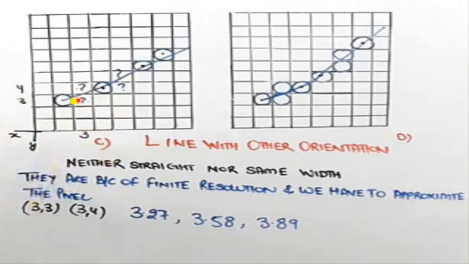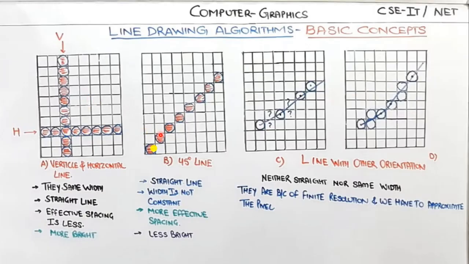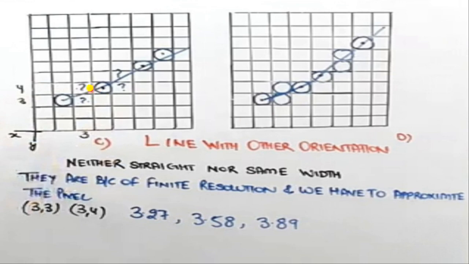You can see here the line passes one after the other, so there is no gap and no in-between grid here. But here two grids are there, you can clearly see it. But we want only one grid to glow.